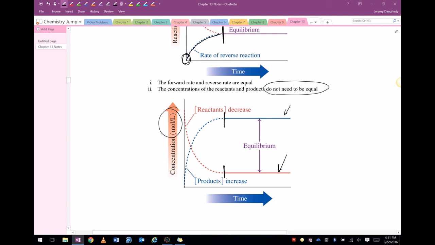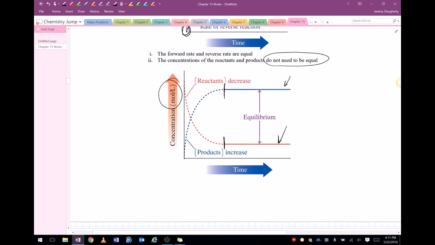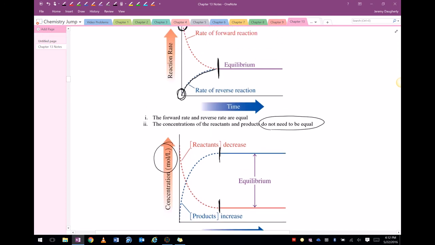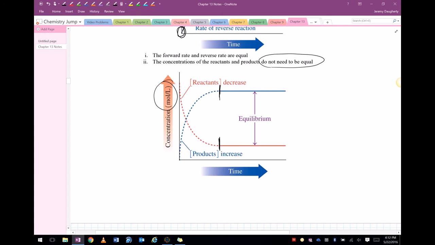And so we have reached equilibrium. So we're looking for 2 things for equilibrium. We're looking for a position where the forward and the reverse reaction rate are equal, and we're looking for a situation where the concentrations do not change. So again, the reaction rates have to be equal, but the concentrations no longer change. That's when we've reached equilibrium.